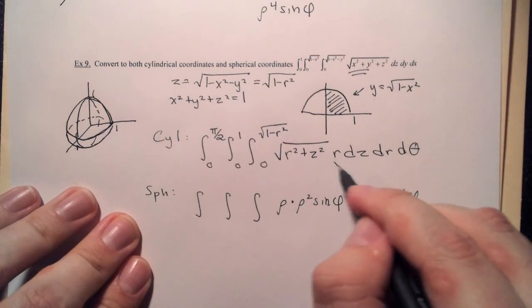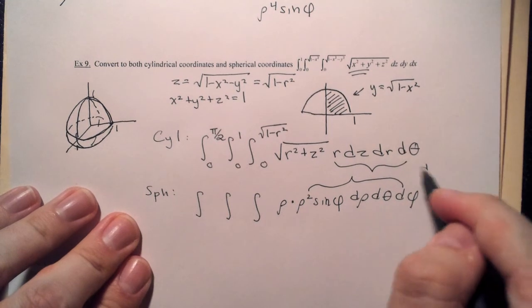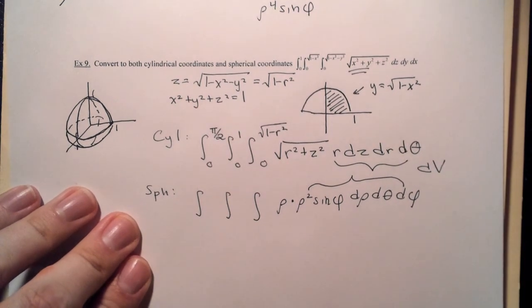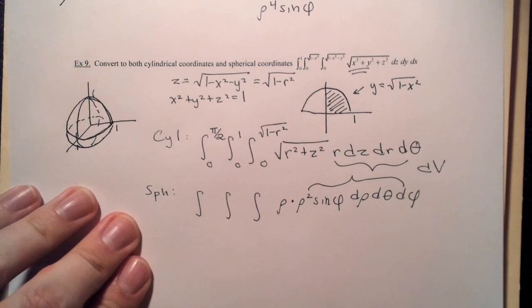All of this, mind you, both of these things right here, those are dv. This is a necessary part, just as the r was for polar and then cylindrical coordinates, a necessary conversion.